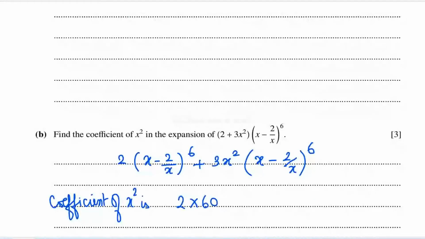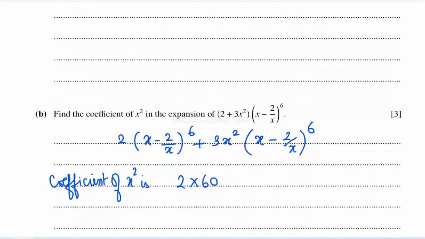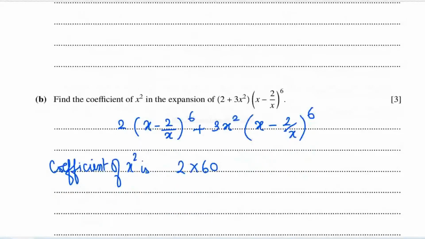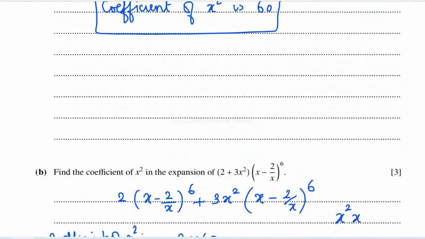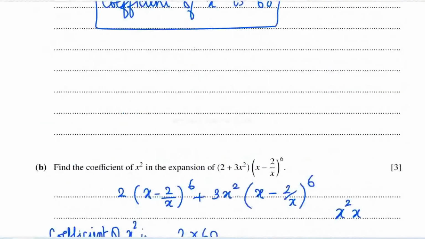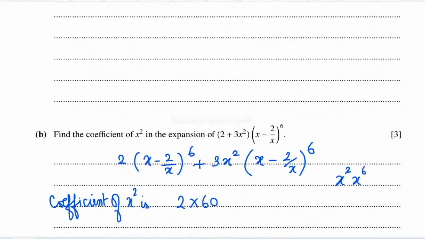Okay, so in order to find the coefficient of the next term we need to find again the r value for this expression. Here the x terms are x square, x power 6 minus r multiplied by x power minus r equal to x square.